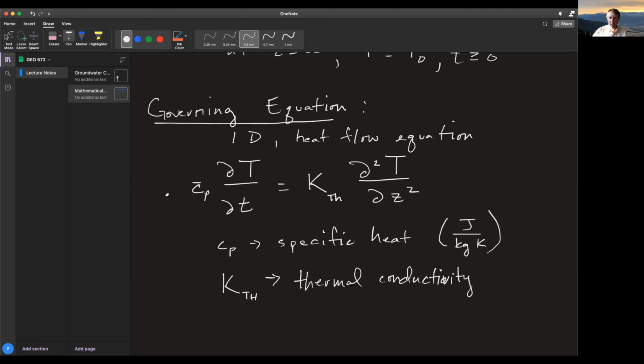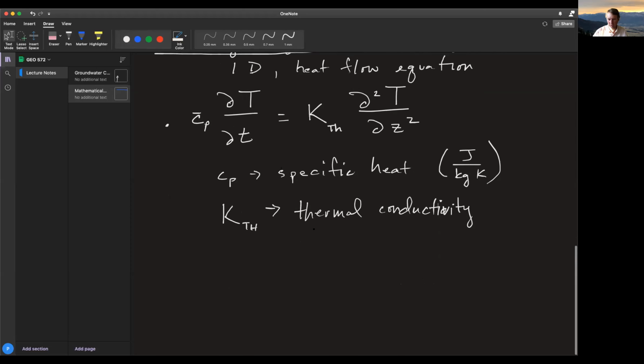And it relates the temperature gradient to the heat flux.